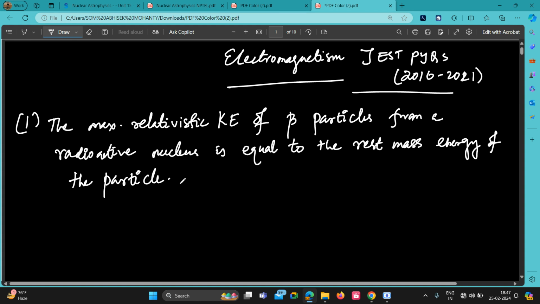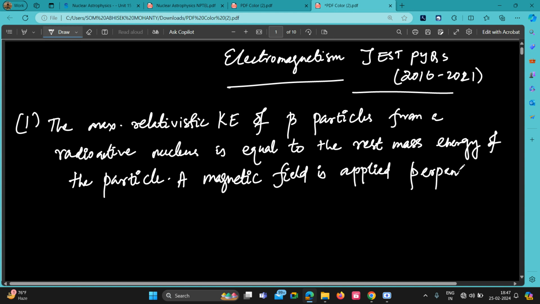Okay, a magnetic field is applied perpendicular to the beam of beta particles.